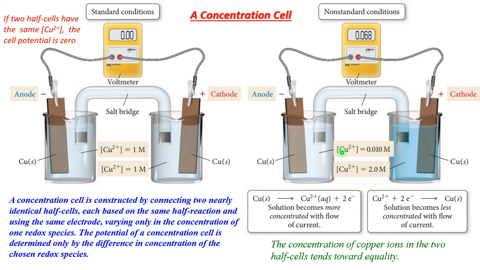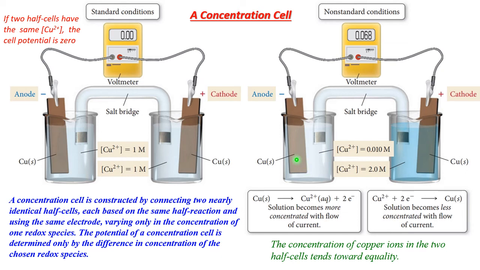So let's consider the cell. On the left side we have a small concentration of Cu2+, and on the right we have a large concentration of Cu2+. To reach equilibrium, the system wants to reduce Cu2+ here and to increase Cu2+ there. So what happens?